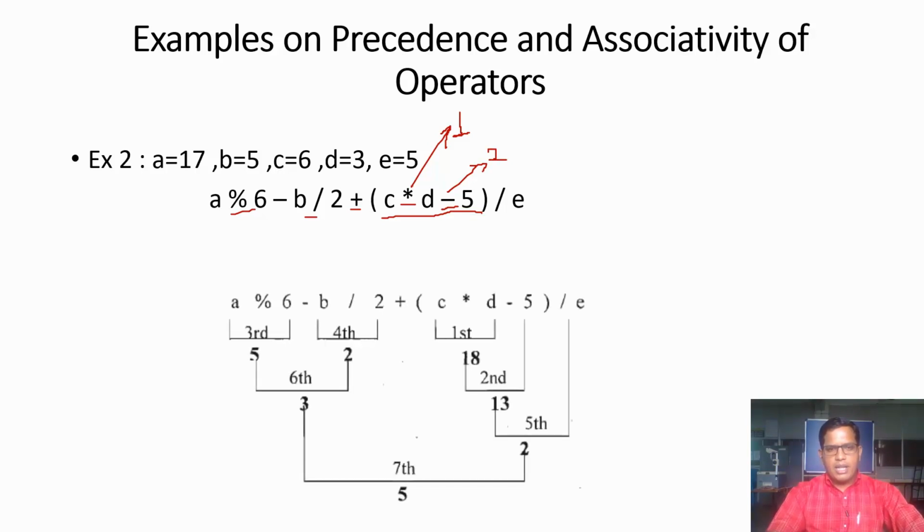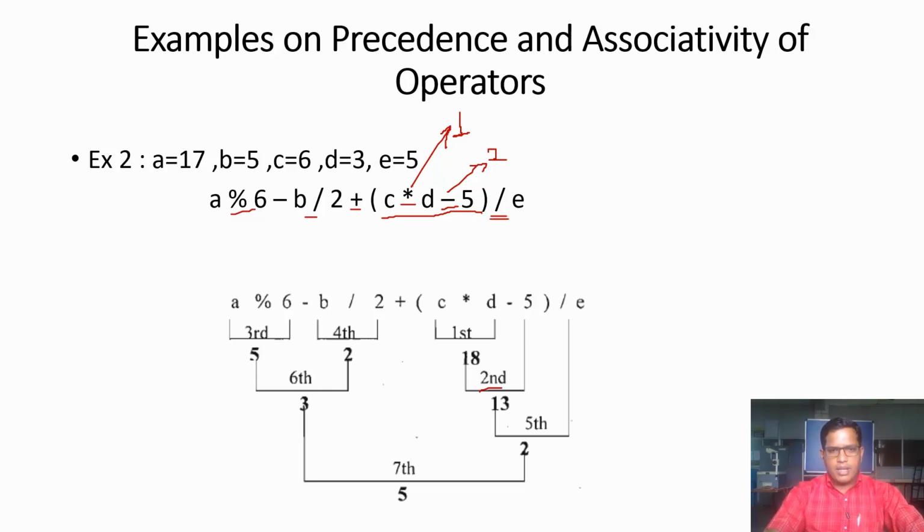First, the compiler solves C multiplied with D. The result is subtracted from 5. This is the second operation that is done. Now after solving the bracket, the modulus sign, divide sign and divide sign have the same priority.